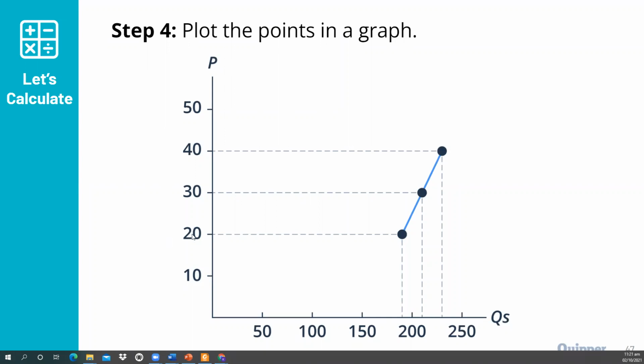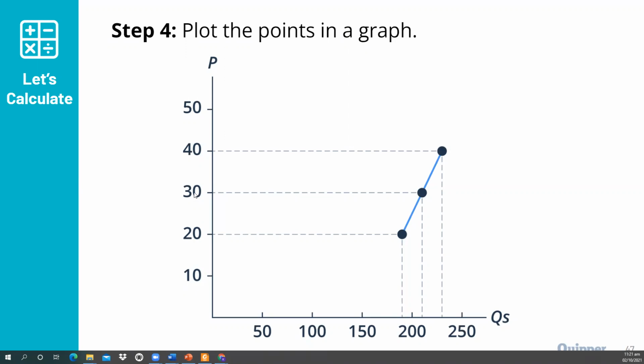So next, at a price of 20, the willingness and capacity of the seller to produce such product is only 190. Okay?